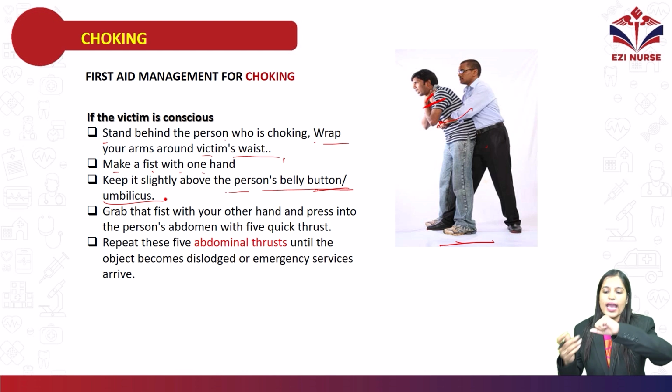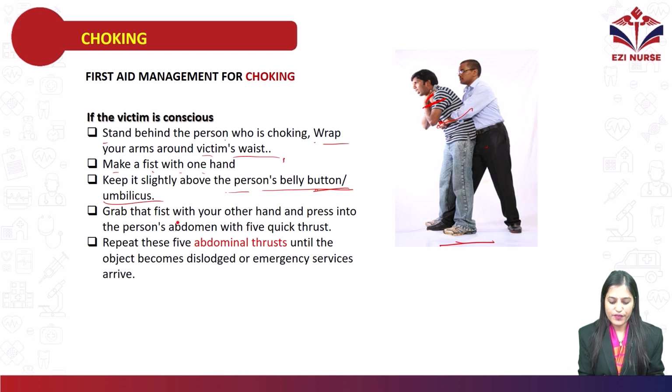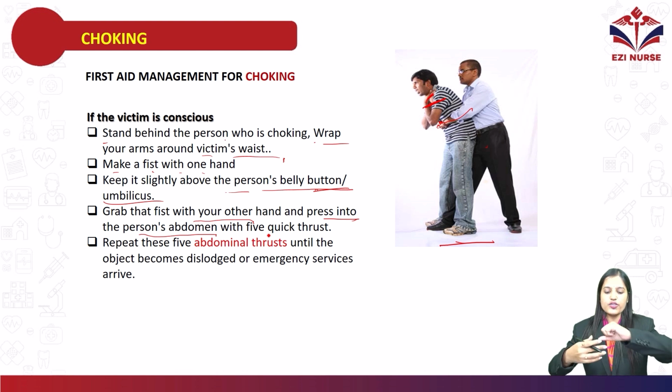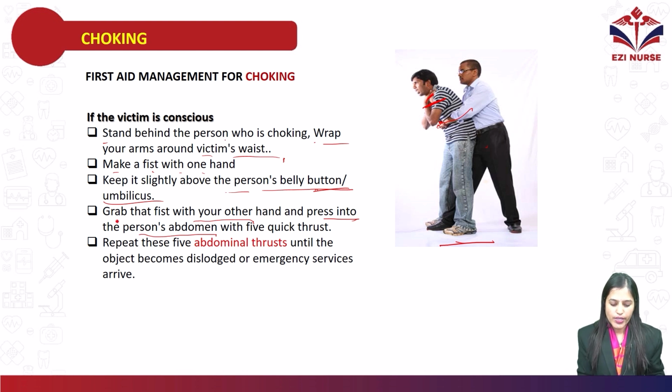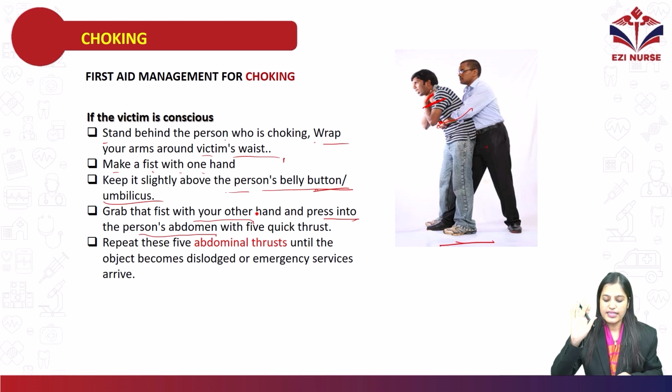Then grab the fist with your other hand and press into the person's abdomen with 5 quick thrusts. Like this you have to keep your hands and give 1, 2, 3, 4 thrusts in an inward and upward direction.